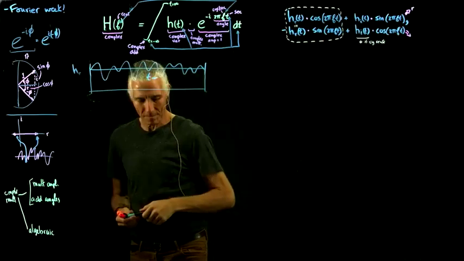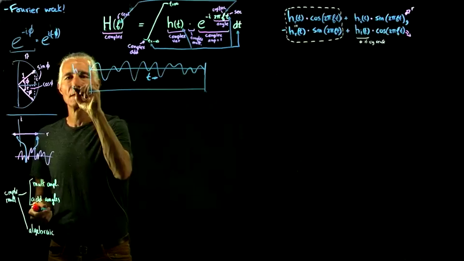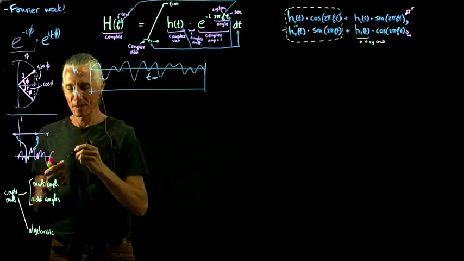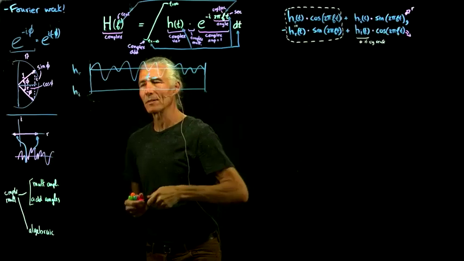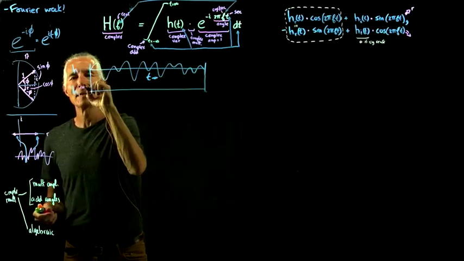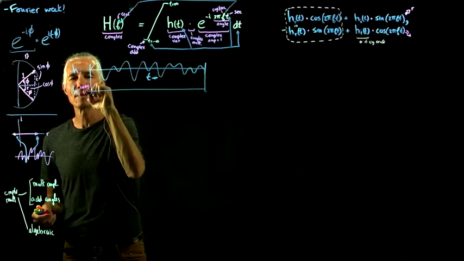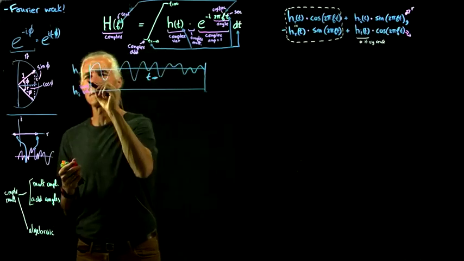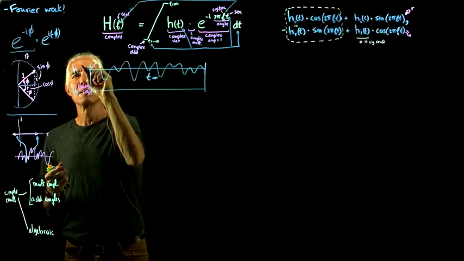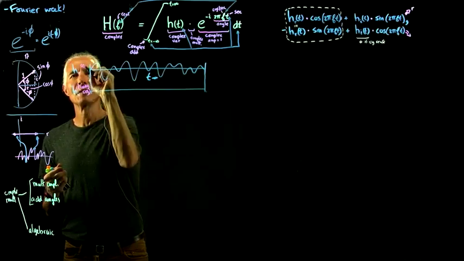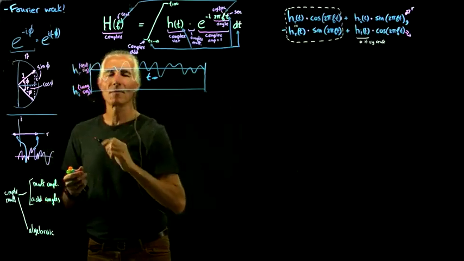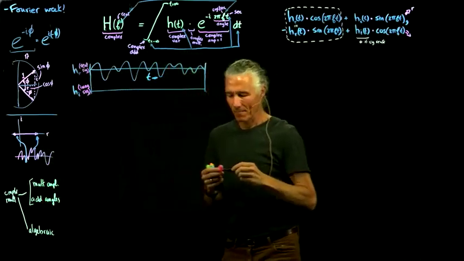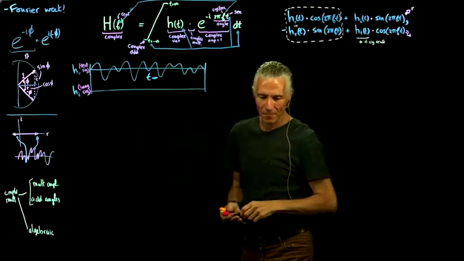So here's our H function imaginary part. It's not imaginary at all. It could easily be another stream of numbers, real numbers. And here's the real signal. Okay, so that's our input to the Fourier transform.